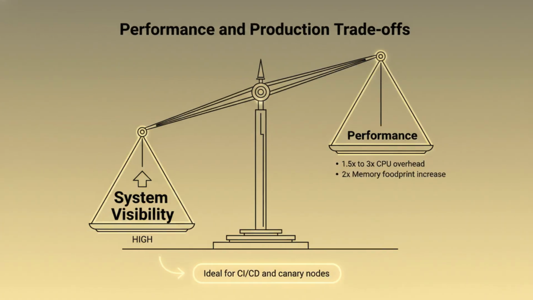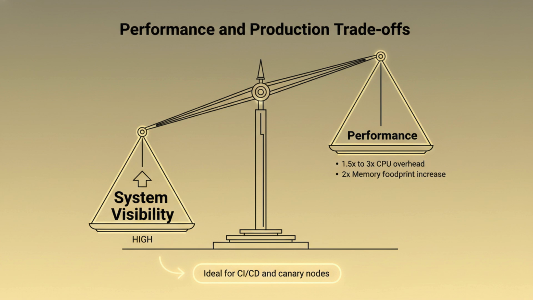KASAN is incredibly powerful, but it comes with a significant performance cost. Typically, enabling generic KASAN results in a 1.5x to 3x CPU overhead and a 2x increase in the kernel's memory footprint. Because of this, KASAN is generally not recommended for performance-critical production environments.